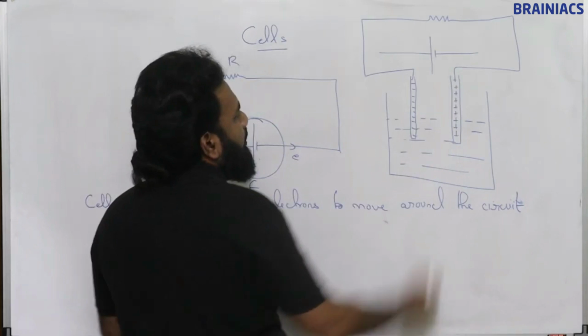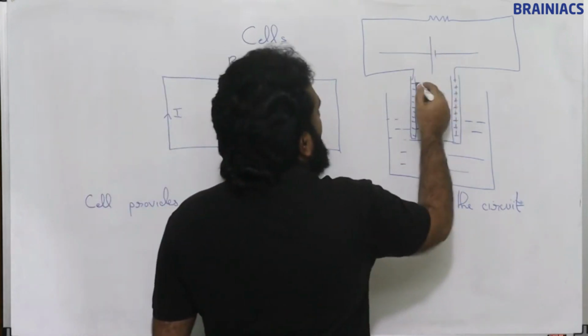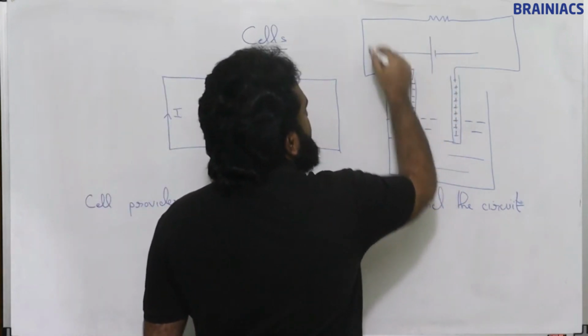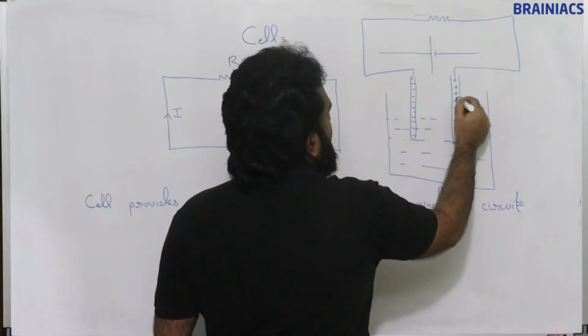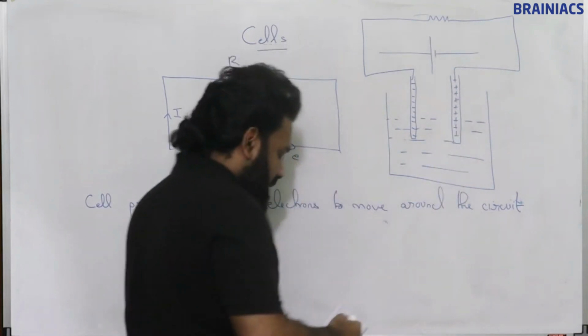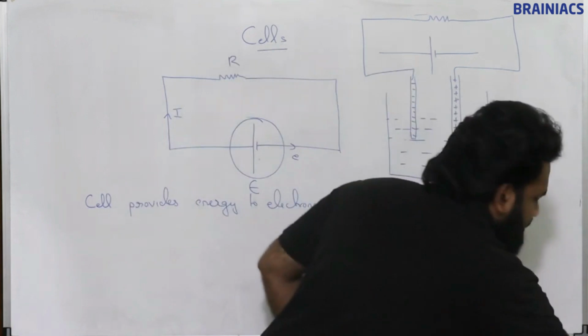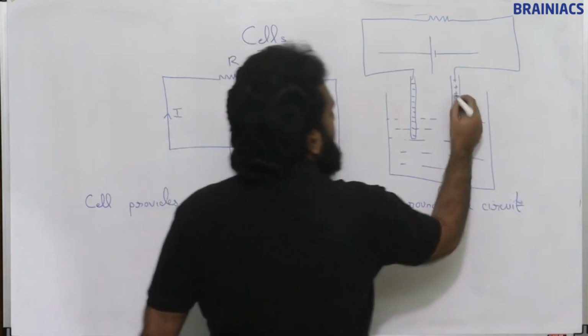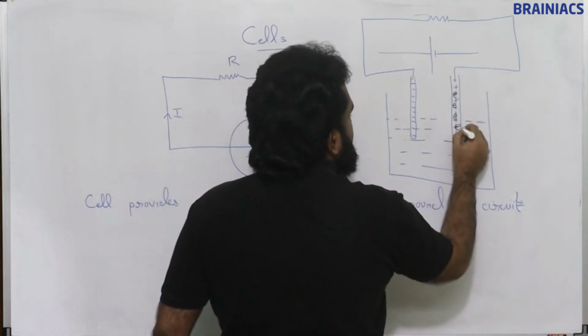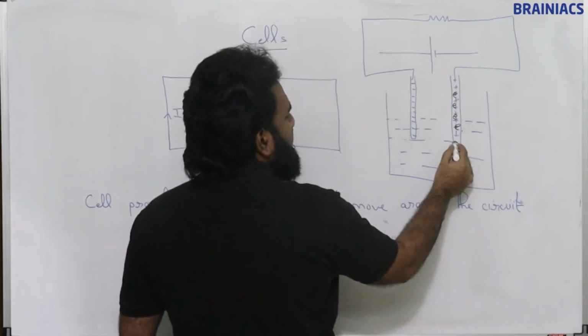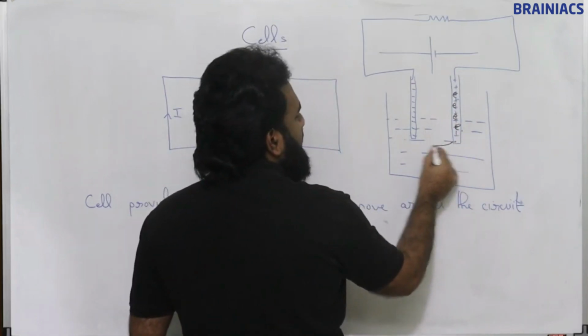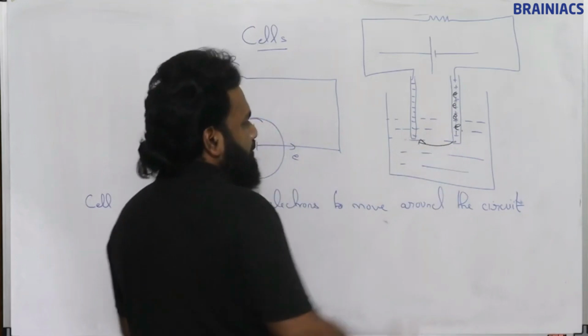When this happens, from this terminal electrons will be coming here, so electrons will be accumulated here. From here electrons don't want to go to the negative terminal again.